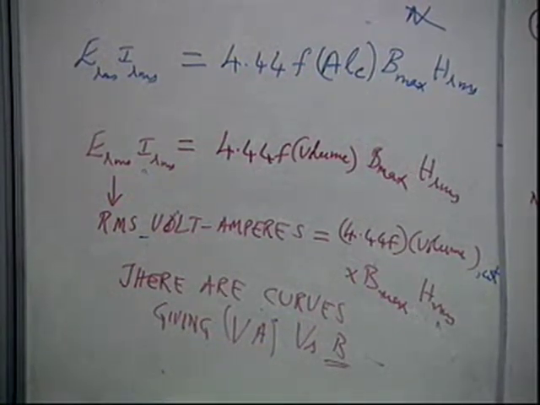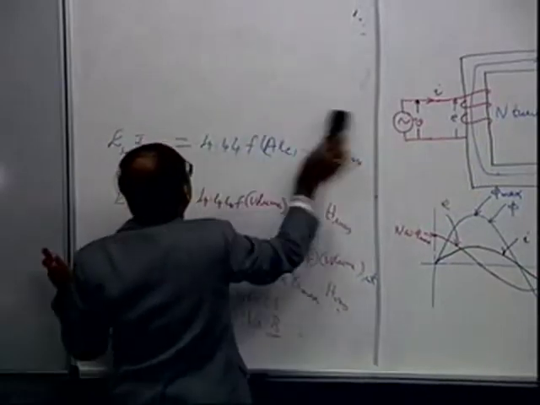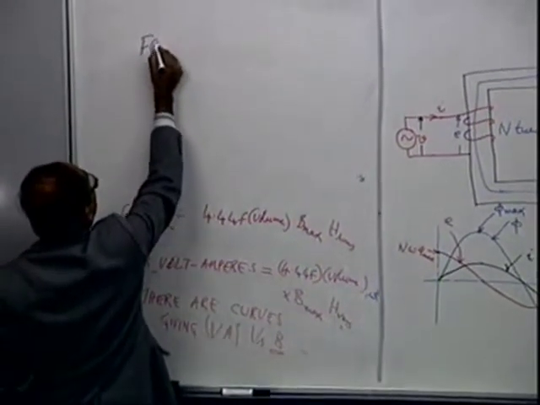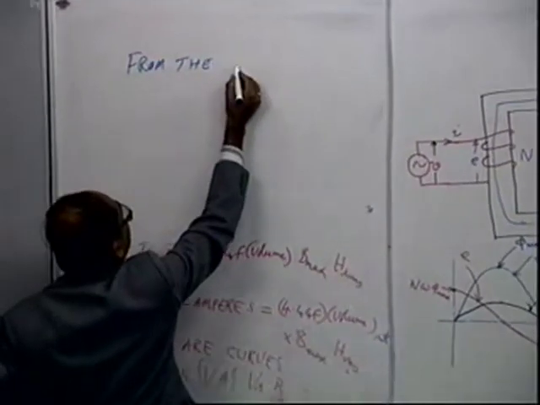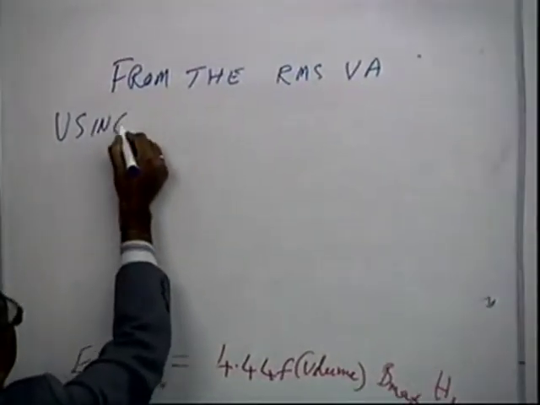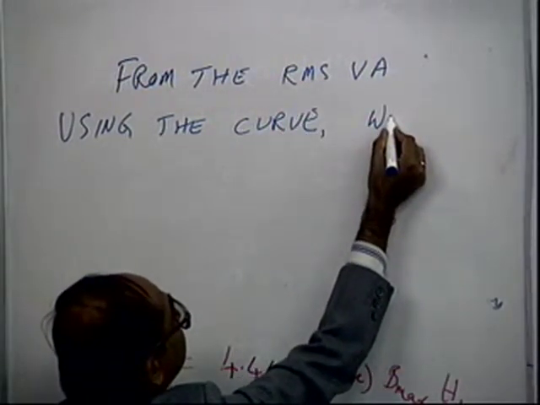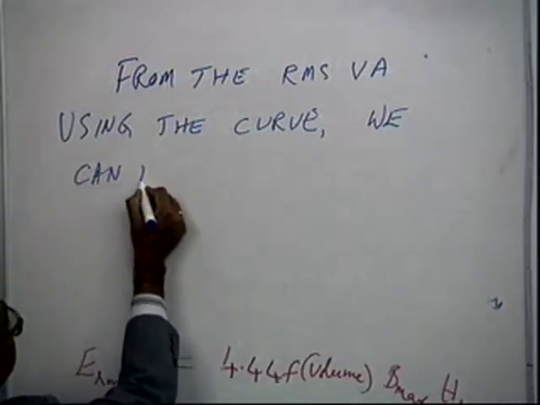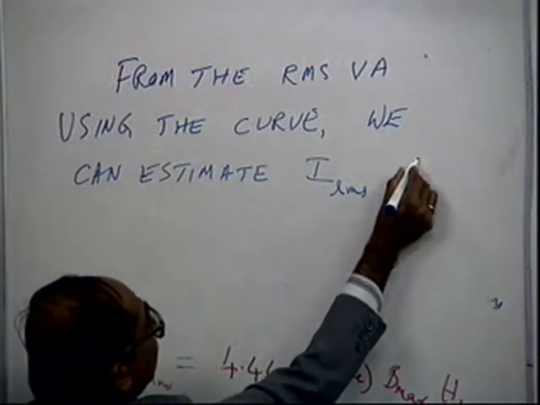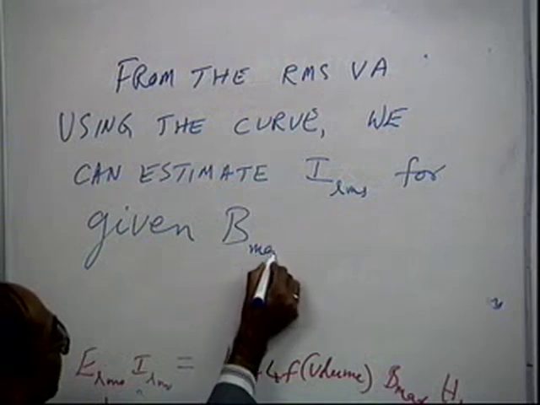Okay, so please note down: from the RMS VA using the curve, we can estimate IRMS for a given B max.